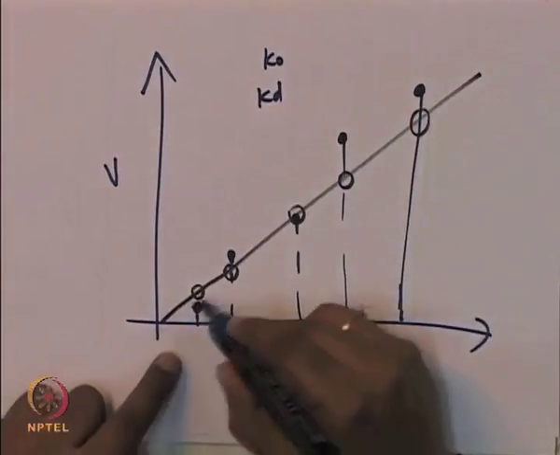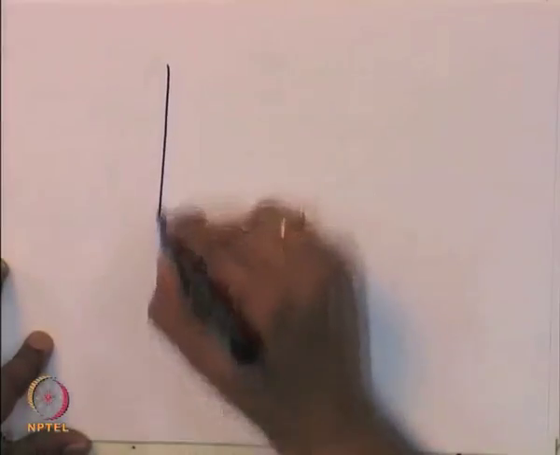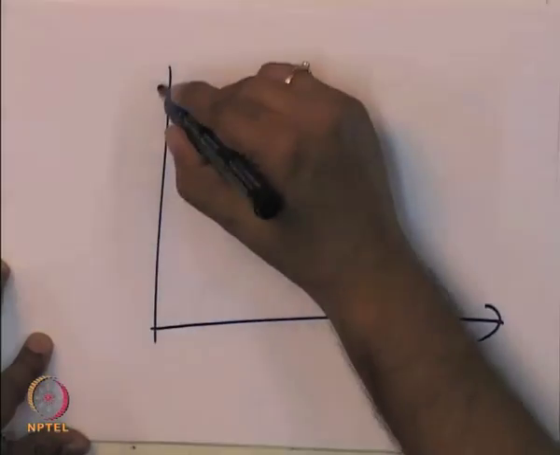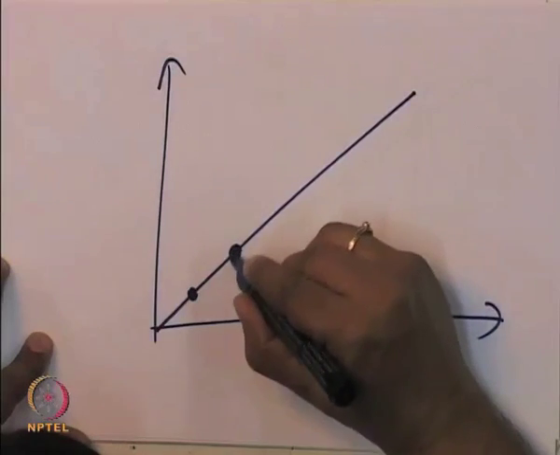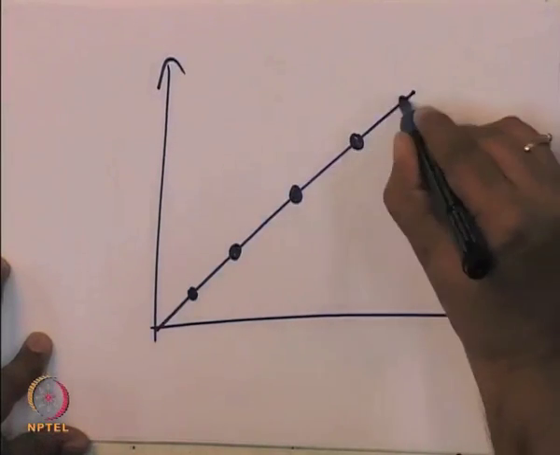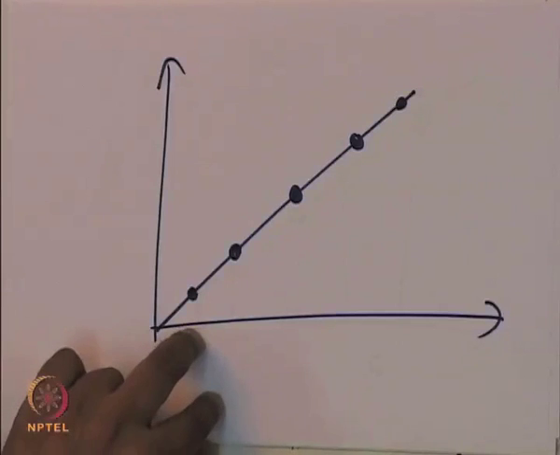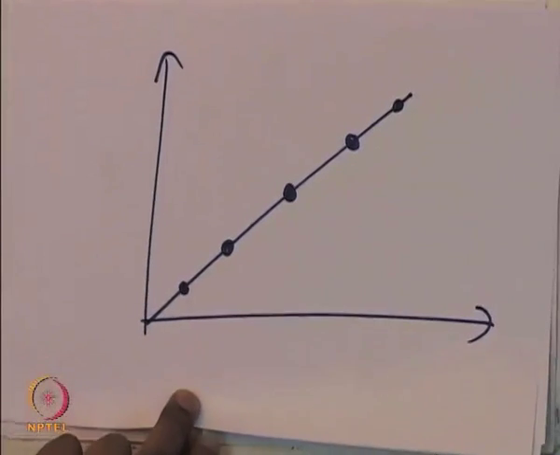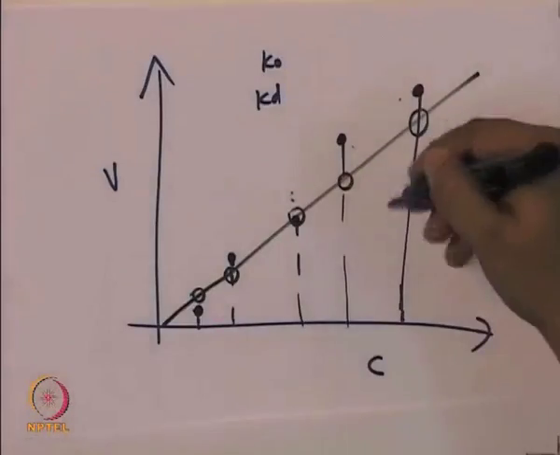So, we have a theoretical value and an experimental value, and in an ideal scenario, what do you expect? You expect that the theoretical value and experimental value will be exactly on each other. That means they will just exactly fall on the straight line, but this is an ideal case. In reality, they will be slightly deviated from the straight line.